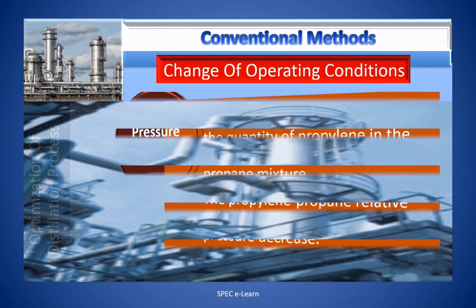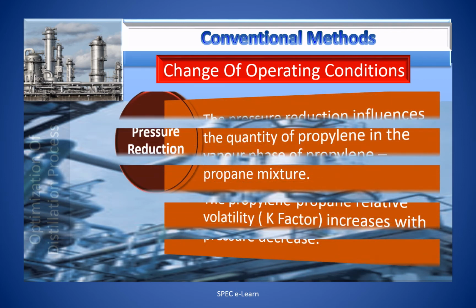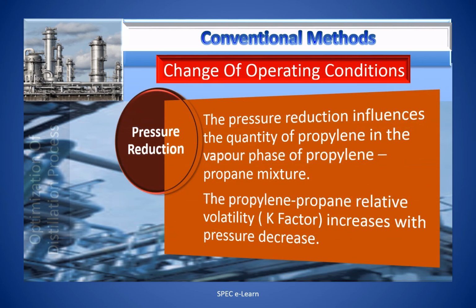Another important factor to note is the impact of pressure reduction on K factor. The pressure reduction influences the quantity of propylene in the vapor phase of the propylene-propane mixture. Propylene-propane relative volatility increases with pressure decrease.